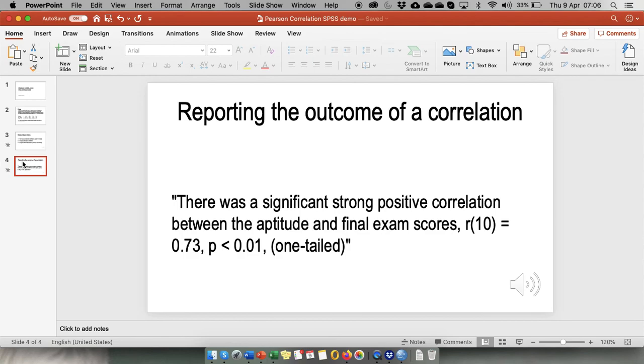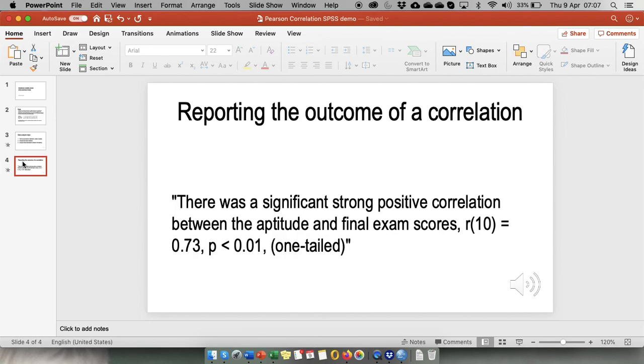The distribution was relatively normal. There was a linear relationship between the two variables and there were no outliers in the data set. Therefore, to analyze data, Pearson correlation was used. Then you state this sentence: there was a significant strong positive correlation between the aptitude and the final exam scores.